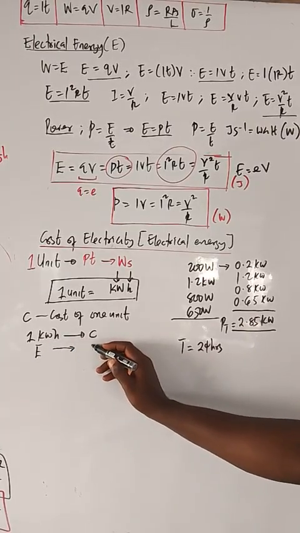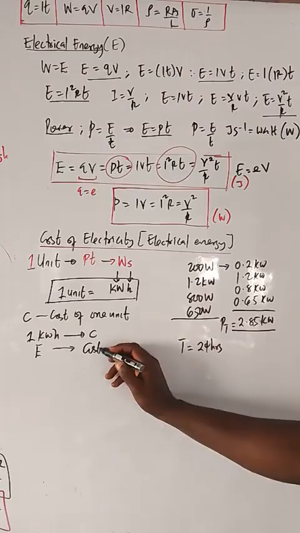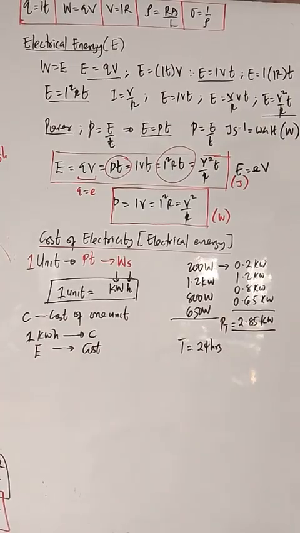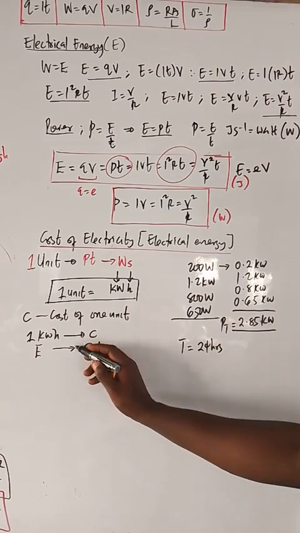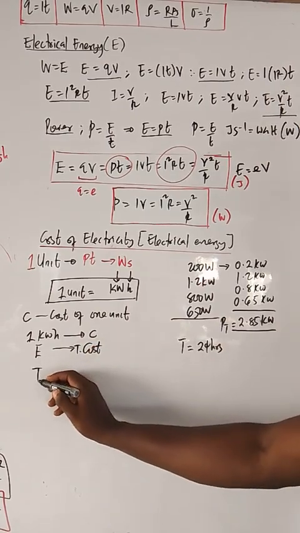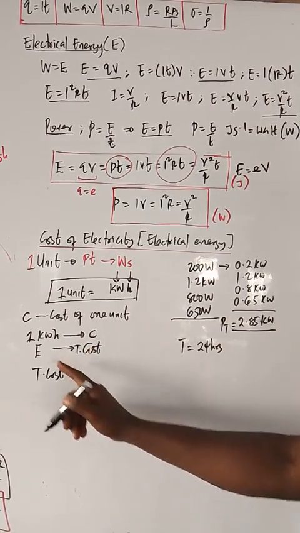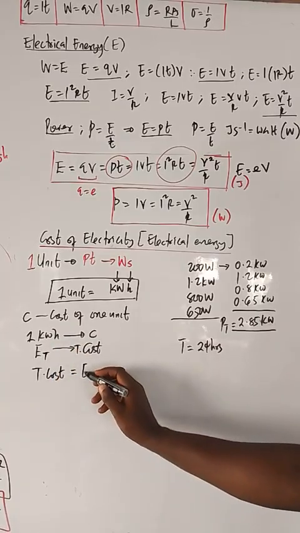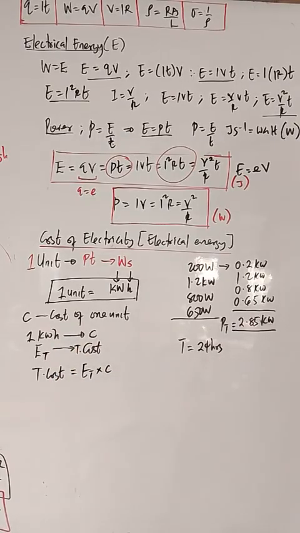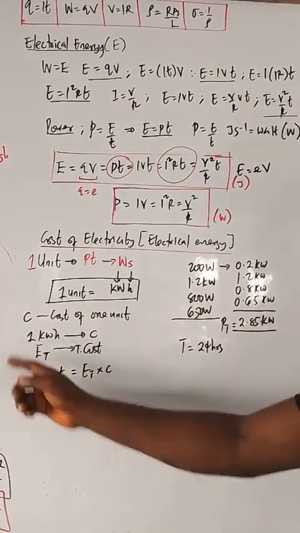Let's call it capital C, or let me consider it as total cost. So if we multiply total cost times 1, it is total cost. So for me, it means total cost times 1 equals total energy times small c. Why small c? It is cost per kilowatt hour.